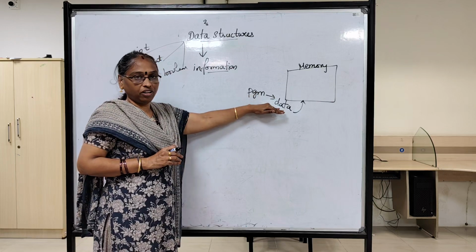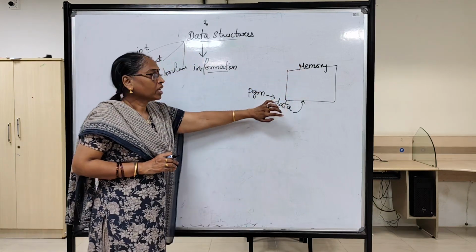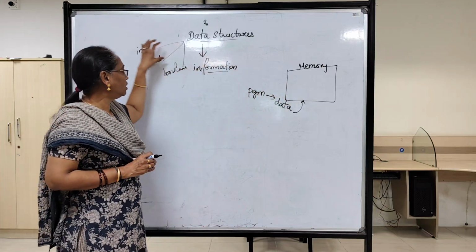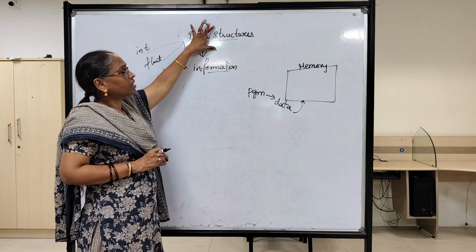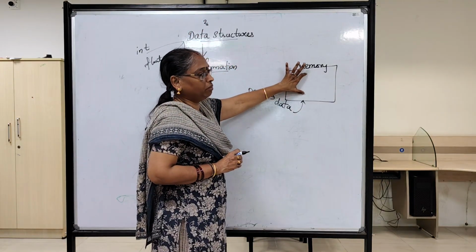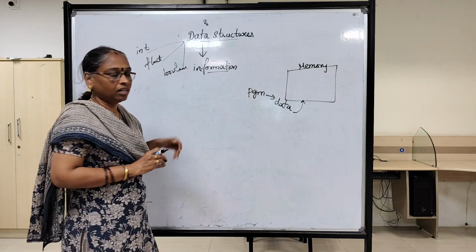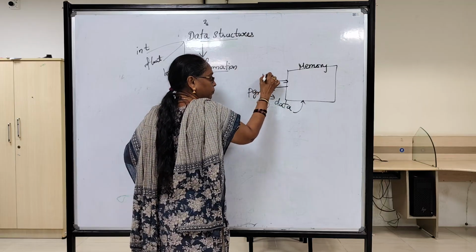So if I write a program, I need some data for the processing, and I need to store the data in memory. How I am going to store the data in memory is where these data types come into the picture. So what is a data structure? If I want to store data in memory, sometimes I need to retrieve it. Storing and retrieving the data takes some time.